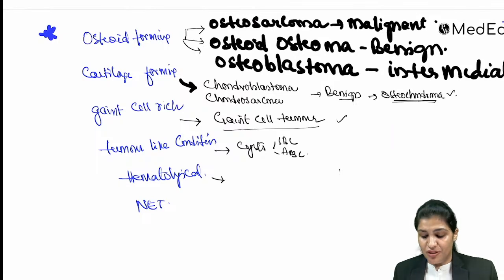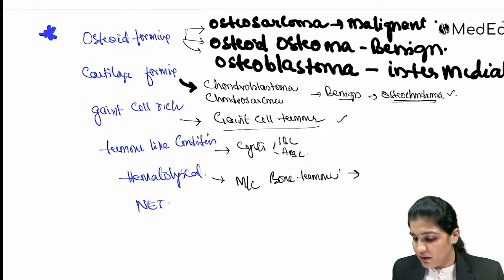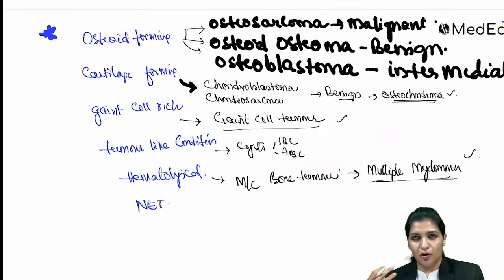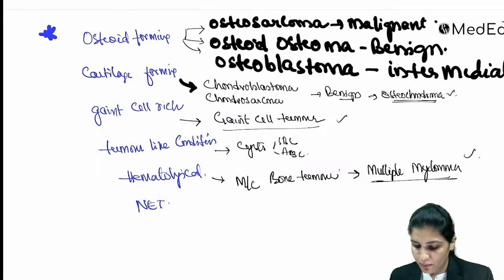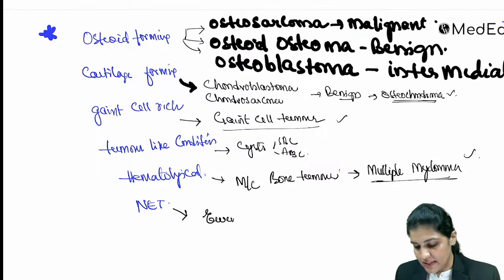And hematological, this is most important. The most common bone tumor is multiple myeloma. So the most common tumor which you see in orthopedic oncology is multiple myeloma, and when it comes to neuroectodermal tumor, it is your Ewing's sarcoma.